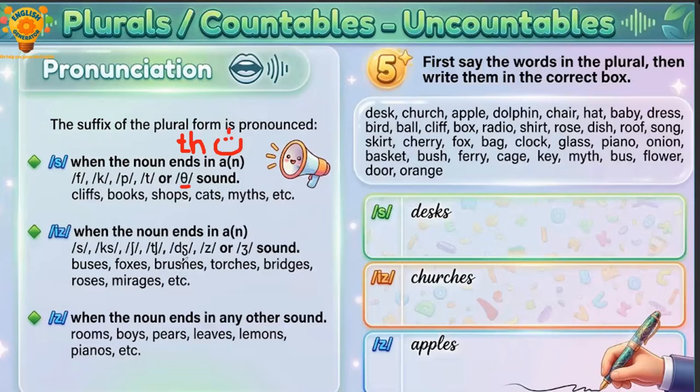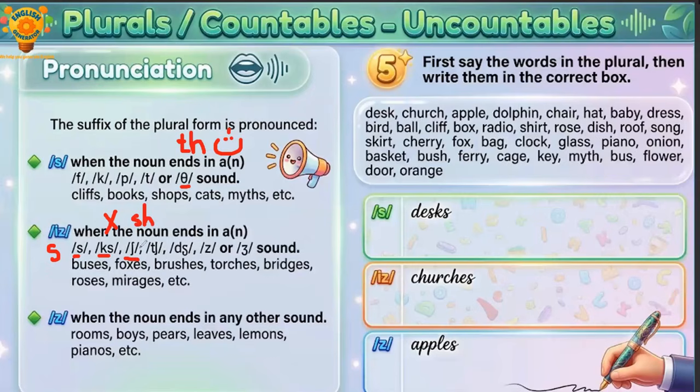Also, we have these sounds here, and we will have symbols for these sounds. This one is the letter S at the end. This one represents the X sound at the end. And this one is the sh sound.